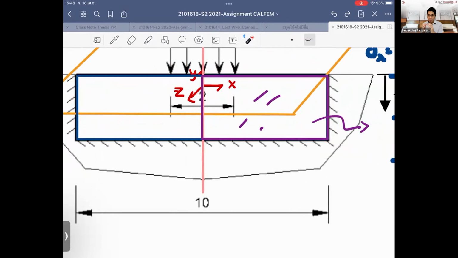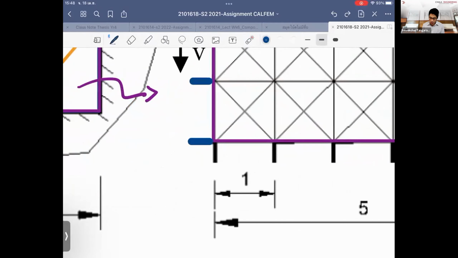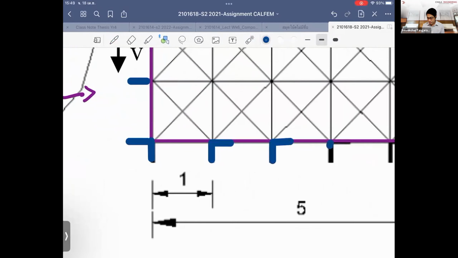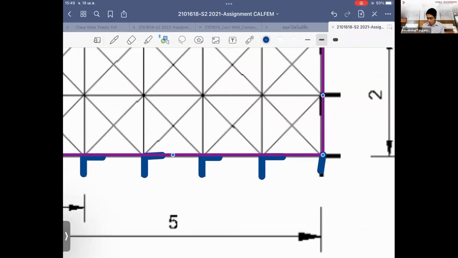When it's provided a fully fixed support, it means it is restrained in both x and y directions. So the boundary condition at the bottom is restrained in x and y, all along the edge of the problem here.